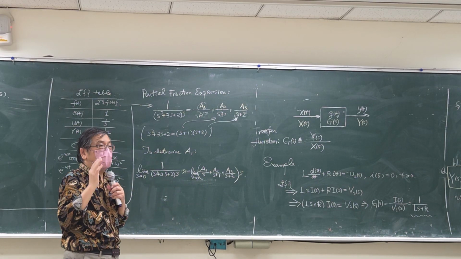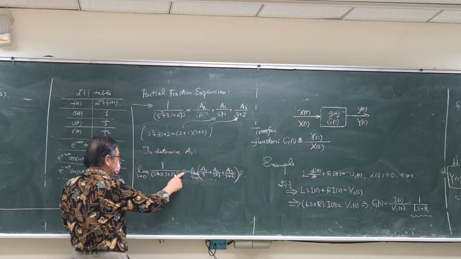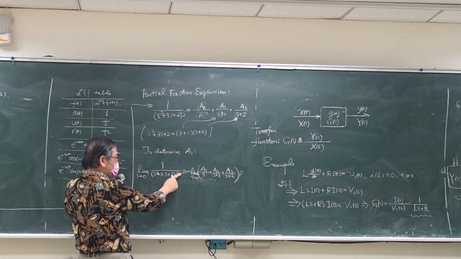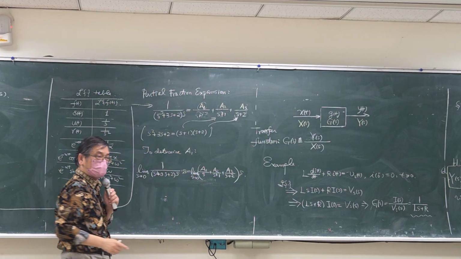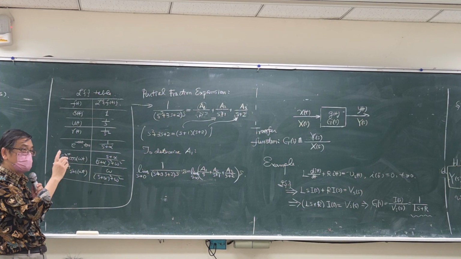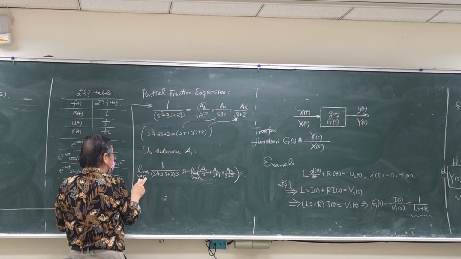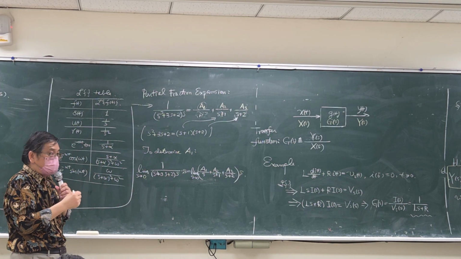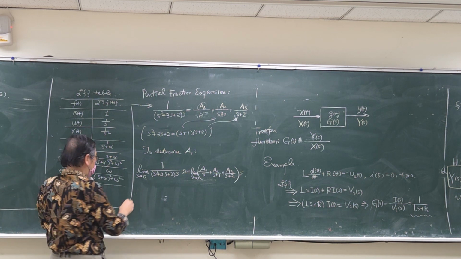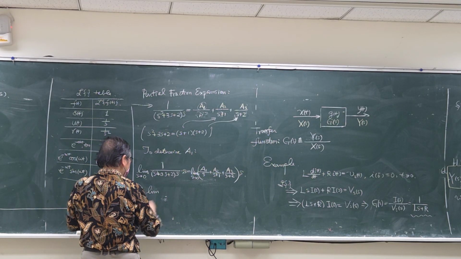Approach 0, but not equal to 0, okay? Because if I let s be 0, there is a singularity here. That's a problem. We are going to have 0 divided by 0, a singular term. So we simply let s approach 0, very close to 0, but not equal to 0. So this becomes the limit. Now I can cancel all of this to s.